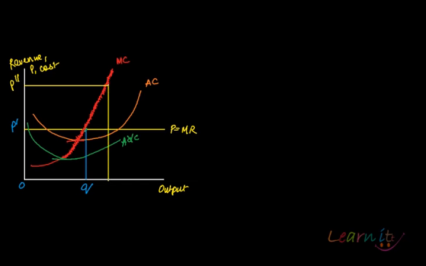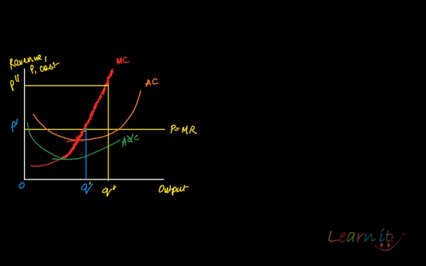It should be supplying Q double dash. Because it should incur higher marginal costs, which Q double dash demands. So not only is its cost increasing, but its revenues are also increasing. If it wants to increase its revenue, it has to increase its cost.